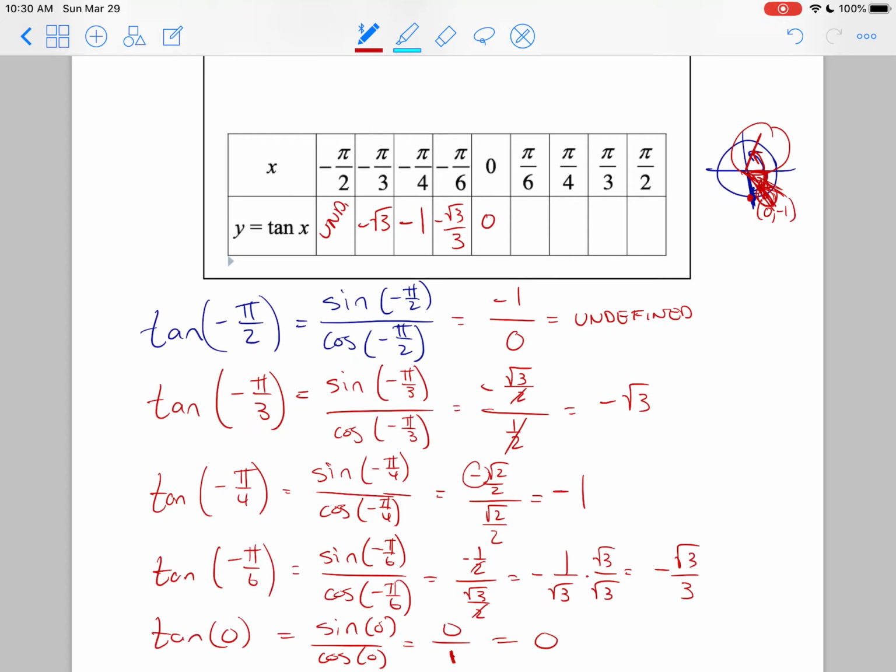Okay, and then like I said, since the reference angle for all of these fourth quadrant angles are the same, the only difference is going to be that my y-coordinates are no longer going to be negative in the first quadrant. So this is going to come out to root 3 over 3. This will come out to positive 1. This comes out to root 3. And then at pi over 2, I'm going to have 1 over 0, which is still undefined. Okay?